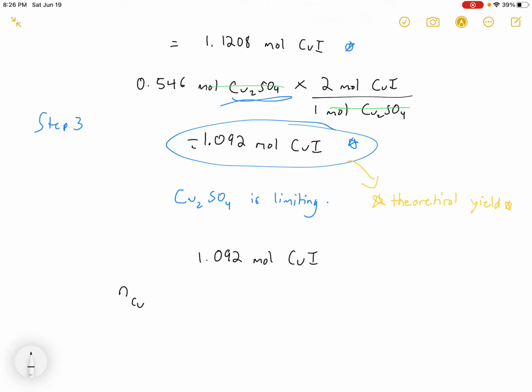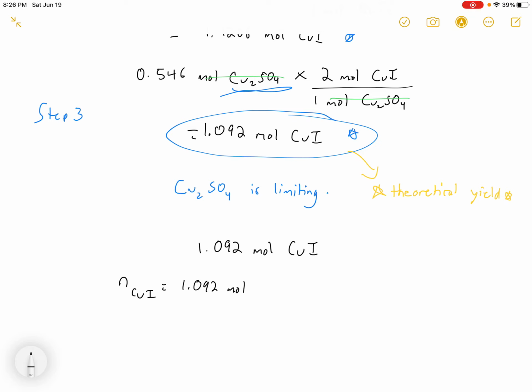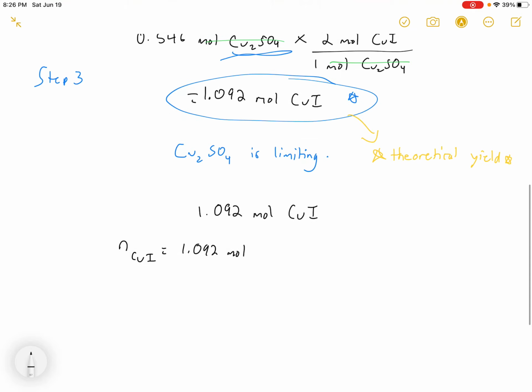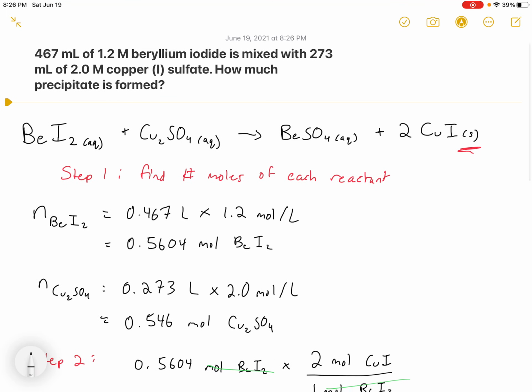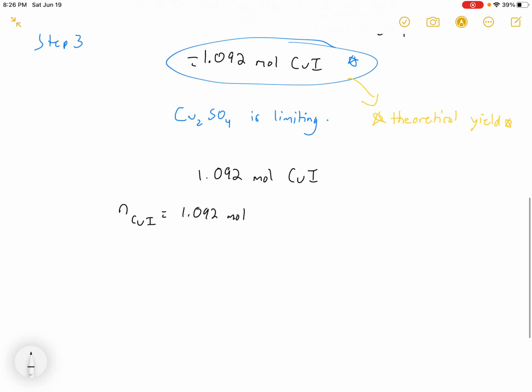So 1.092 moles. If we're asked for how much, now we can actually pull in a formula that we've already seen before from a previous unit. So in terms of how much precipitate was formed, depending on the question, it may be appropriate to leave it as moles, but let's just look for the mass, because we can.